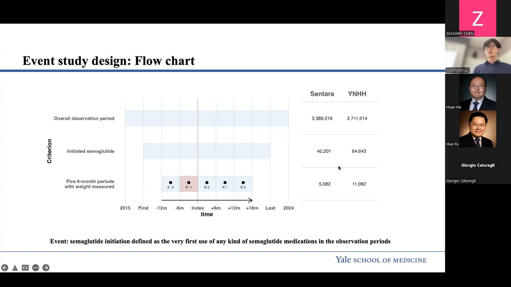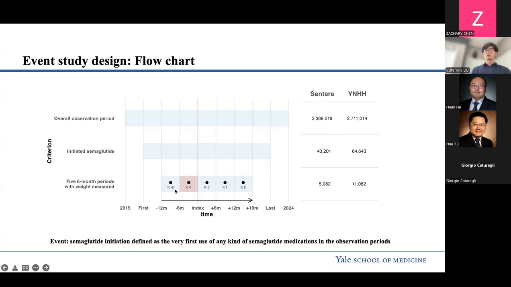Applying these criteria leaves us with 40,000 patients in Sentara and 64,000 patients in Yale New Haven Hospital. And then we apply an even stricter criterion to make sure that those patients have regular healthcare utilization, and we are confident in their data.